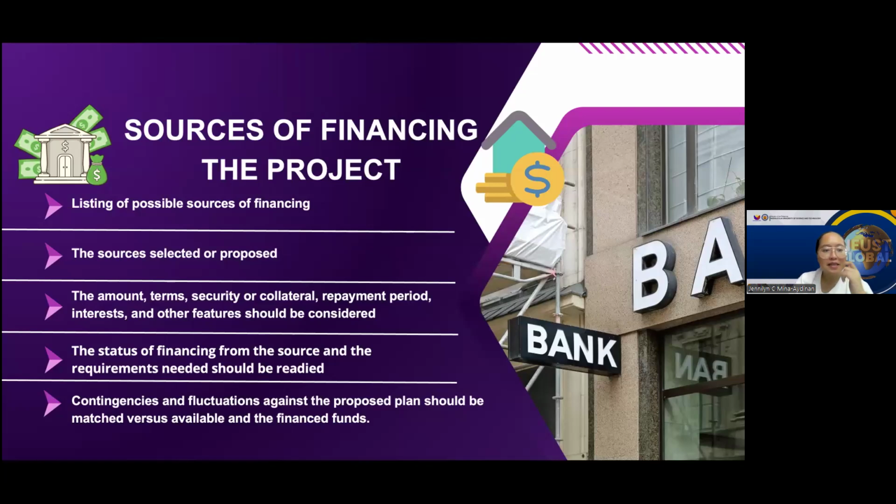fluctuations in the financing plan. For example, a student planning a small electronics assembly business lists their financing options. Possible sources: it could be a bank loan, investor funding, or personal savings. Selected source: bank loan of $40,000. The terms are a 5% interest rate and a 5-year repayment period with factory equipment as collateral.